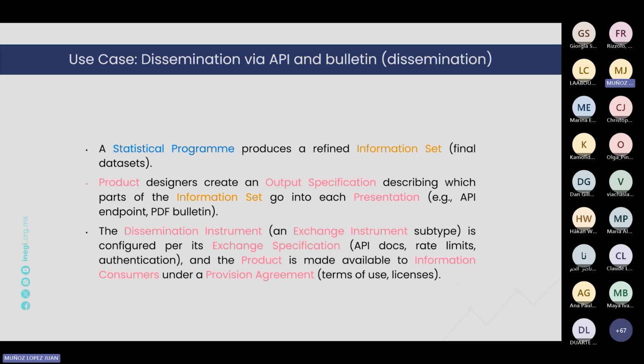A dissemination instrument like the website or an API is used to make this product available to the information consumers under a provision agreement again. Then we have the terms of use for this exchange.